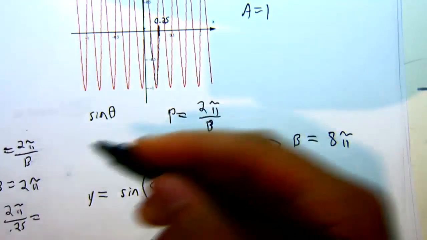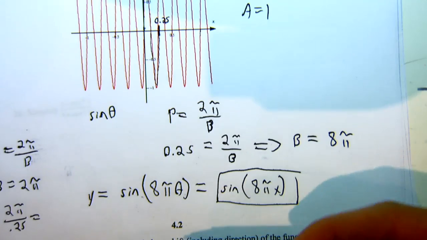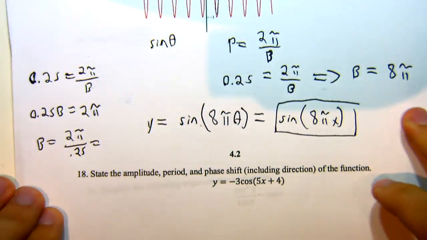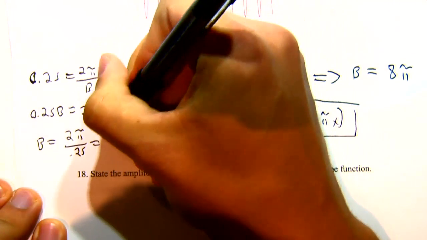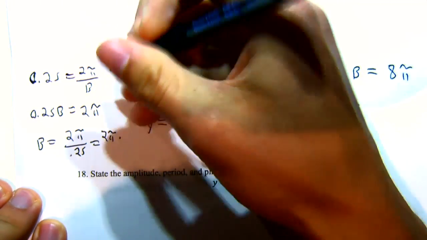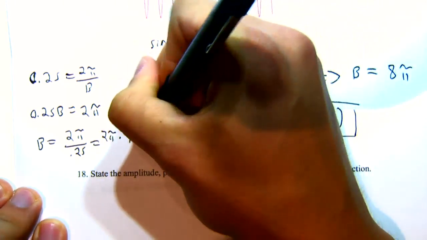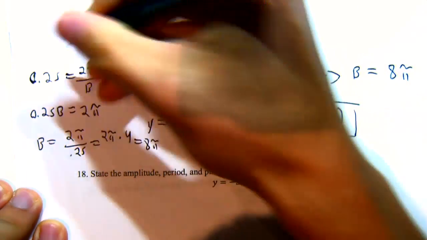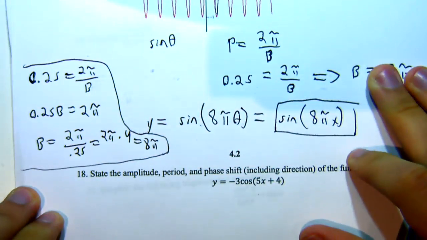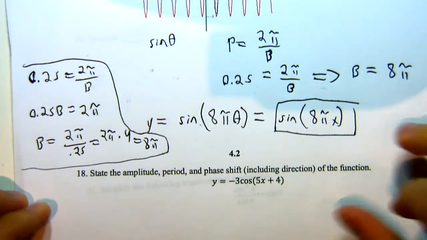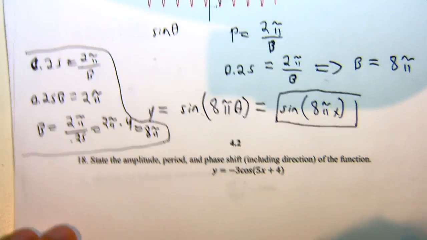And 0.25 is basically just 1/4, so this is like saying 2 pi times 4, which equals 8 pi. Does that make sense? All right. Any more questions?